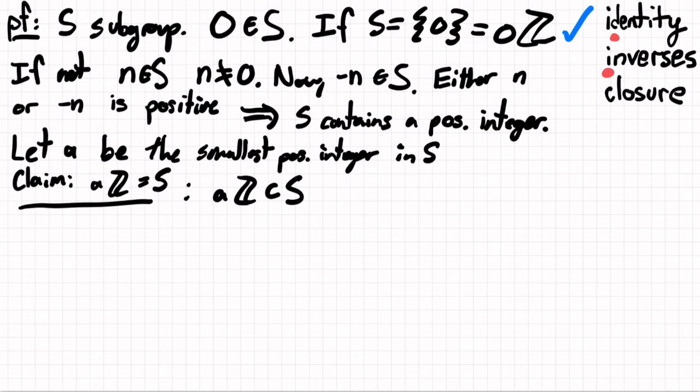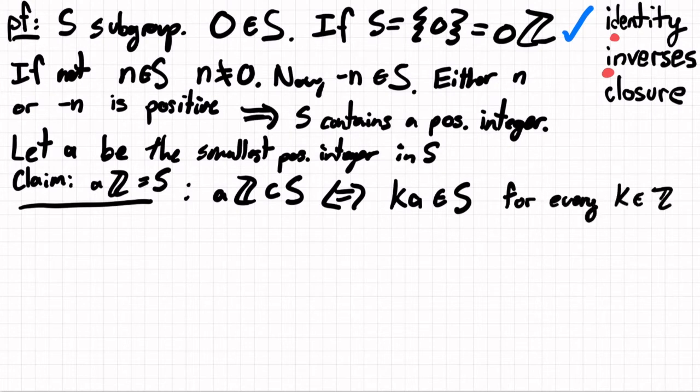So if AZ is in S, that is the same thing as saying that KA is a member of S for every K in Z. So let's think about all possible K.